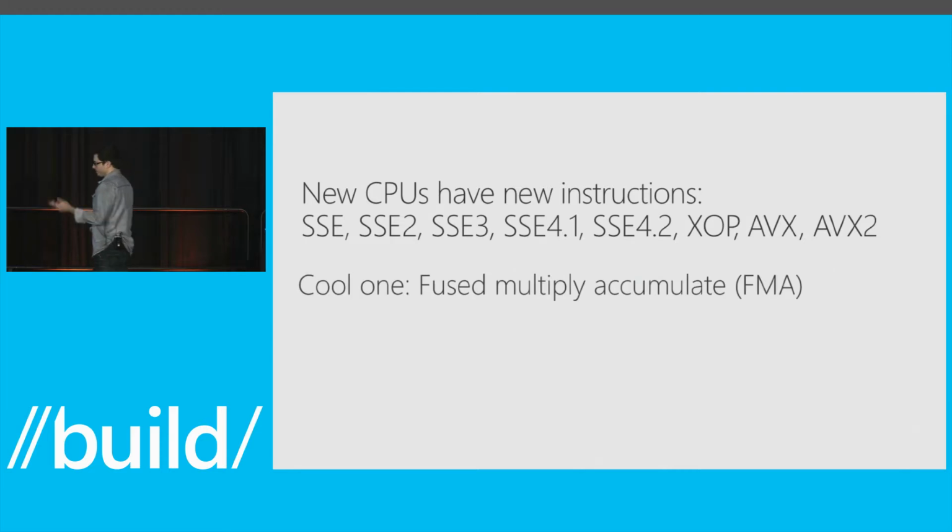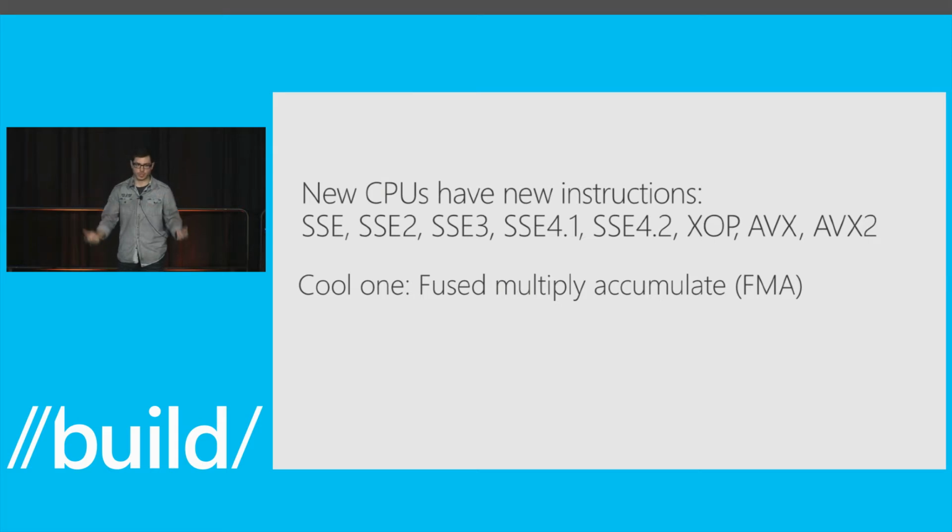A cool one that's sort of been heralded as going to be the savior for scientific computing is fused multiply-accumulate. Has anyone heard of FMA, FMAC? Okay, a decent number, not as many as I was thinking. So FMA is really, really cool. It's just a handful of new instructions. They let you do a multiply and an add in the same time it just takes to do a single multiply.